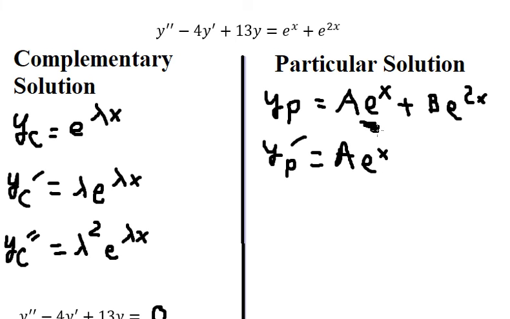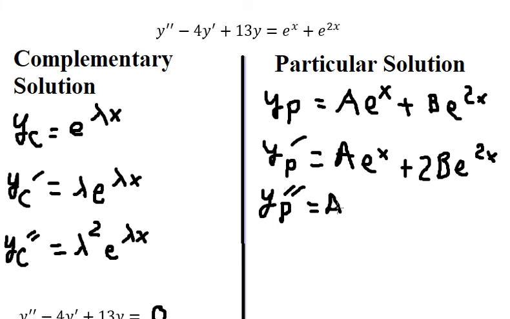This one we keep the same. This one we have 2b e to the power of 2s, because the first derivative of this one gives 2 and e to the power of 2s. And now the second derivative of yb, and we have like this.